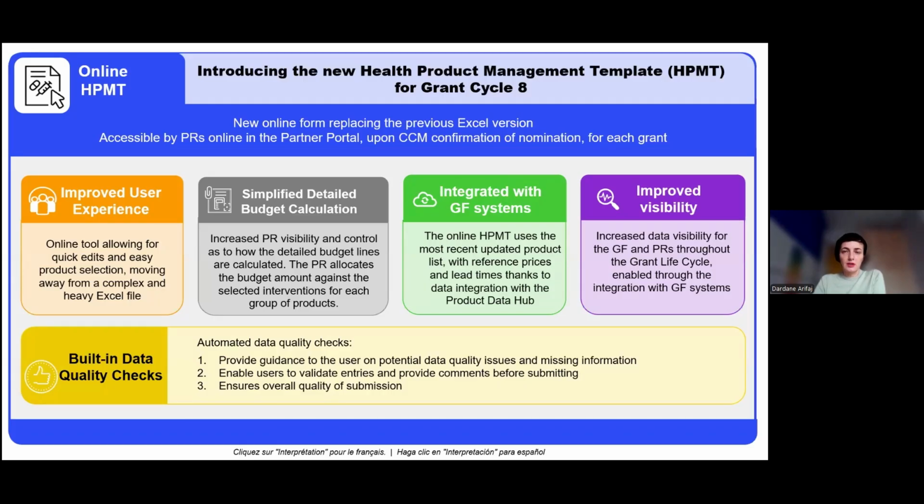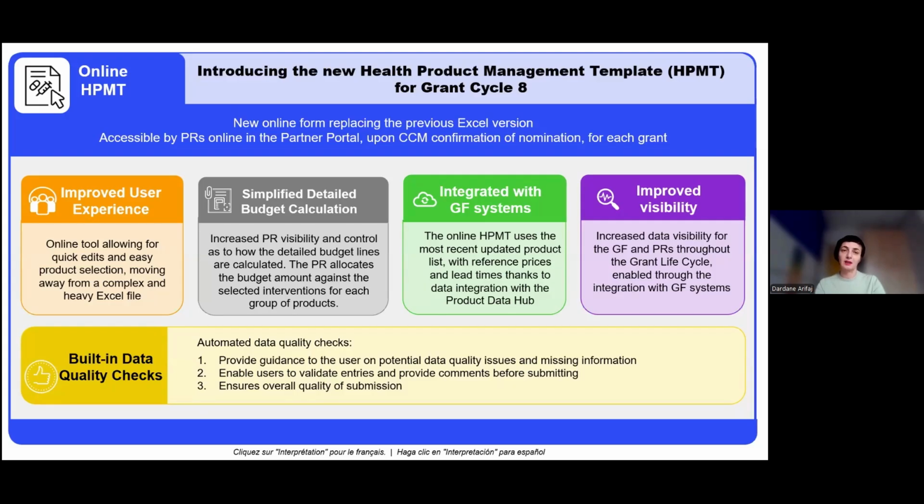So the key change for the HPMT that we are announcing here is that we have migrated from the Excel-based template into the GOS-based online platform, and this comes with lots of benefits. Now, how the new HPMT looks will not be covered in this session because it's a completely newly designed template, and of course, if it was in Excel and now it's in GOS, the layout and the steps that need to be followed are different.